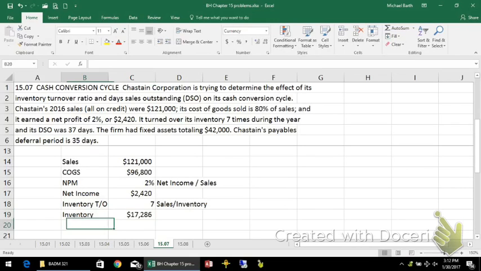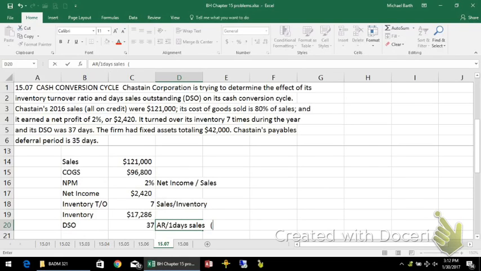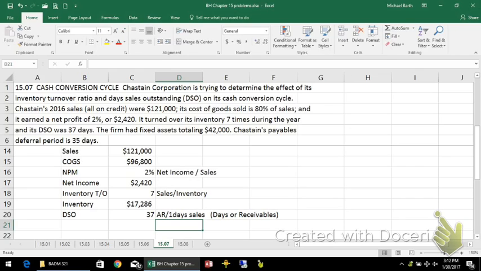The days sales outstanding, the DSO, which is 37 days, is accounts receivable divided by 1 day's sales. This is also days of receivables, which I prefer as a better title than the DSO, but that's just me.